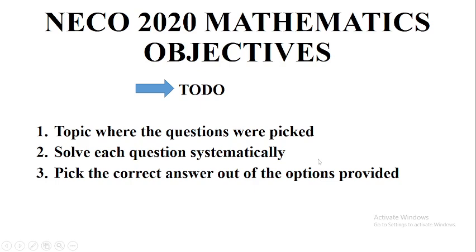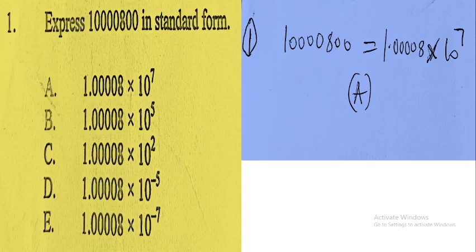So we are going to see the first question briefly. Now the first question we are going to solve today is what you are seeing on the screen right now, and the question is from standard form. Standard form is a topic in mathematics, so you have to convert this number 100000800 into standard form.